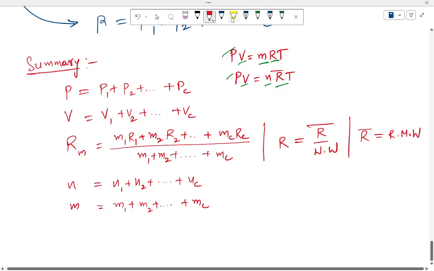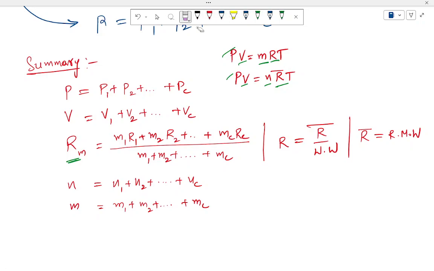So this Rm expression can be modified based on your need, based on the molecular weight. In PV is equal to MRT and PV is equal to N R bar T, we spoke about how they vary for a mixture. So with this idea, we can solve any given problem.